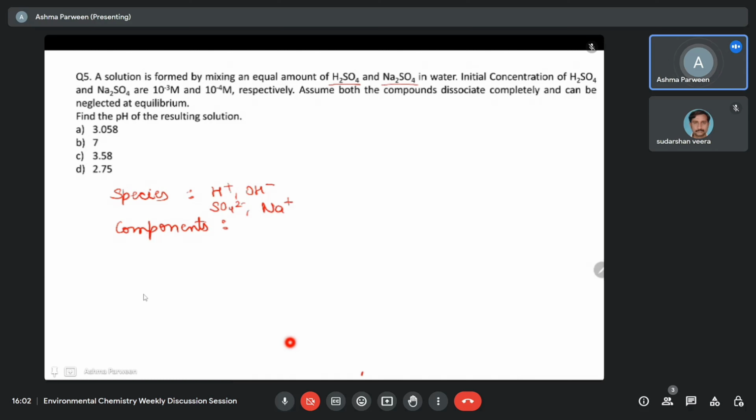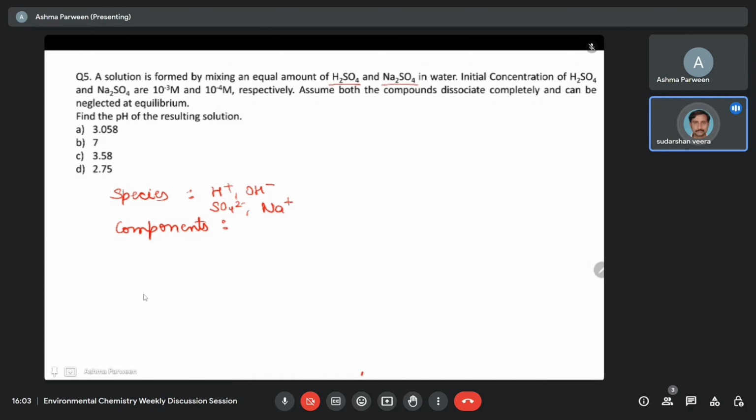And components, as we know, components are the building block of our system. Like if we know sulfate, then by adding hydrogen in this, we will get the H2SO4, we will get HSO4 minus, and if we have Na plus as the component, then we can get Na2SO4 from this.